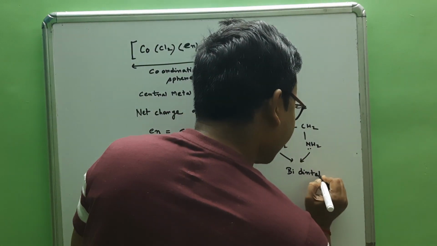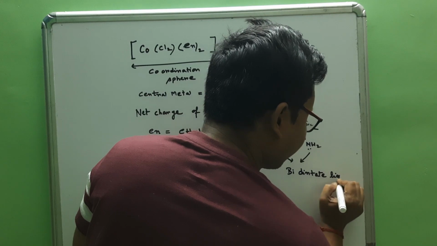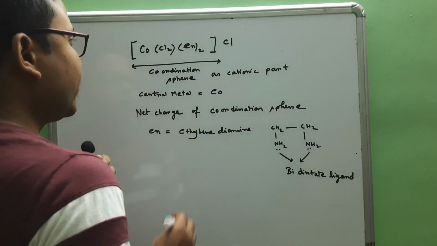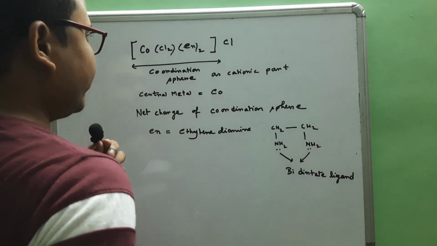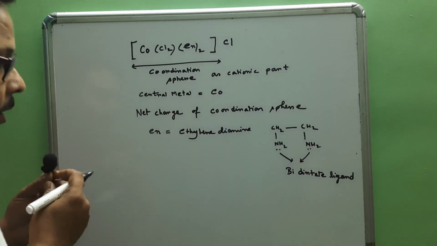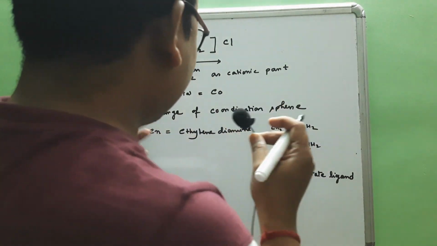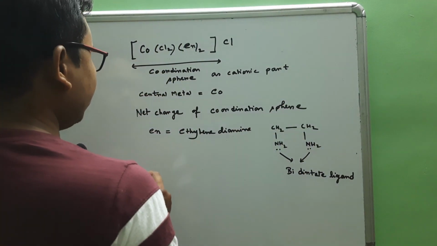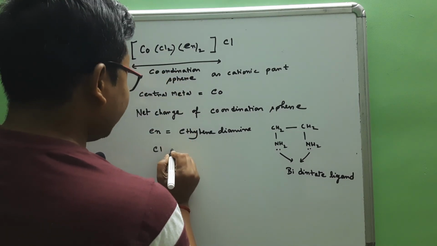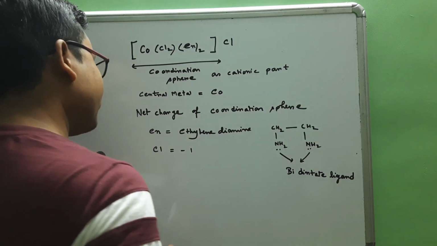Two ethylene diamine molecules are there, so four sites of cobalt are occupied by ethylene diamine, and the other two sites are chloride, which is -1 each.